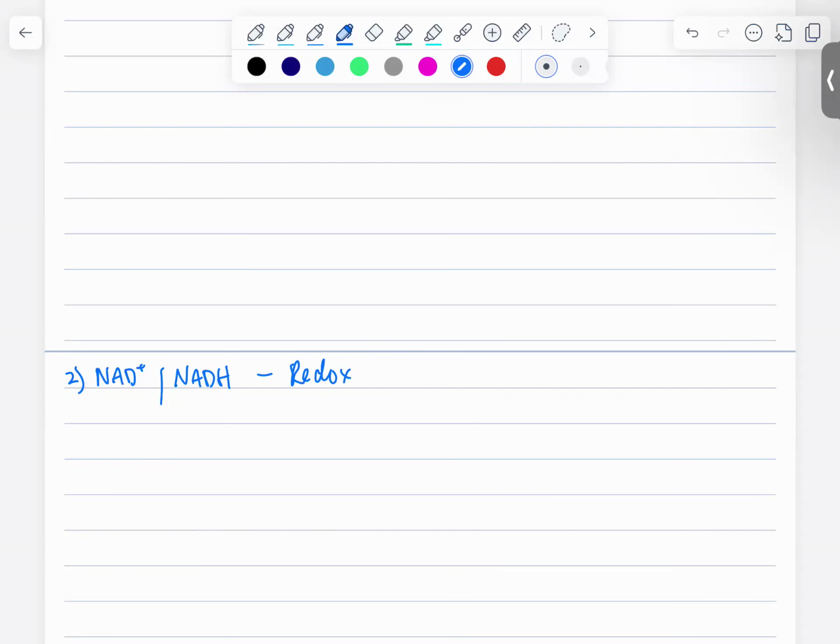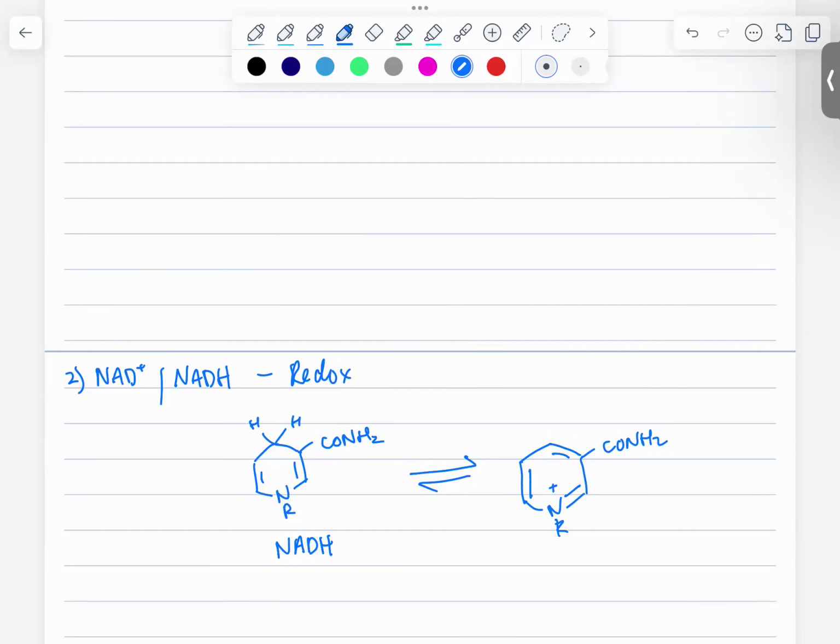And so the important part of the molecule to know is this. So this is NADH. And this is NAD plus.